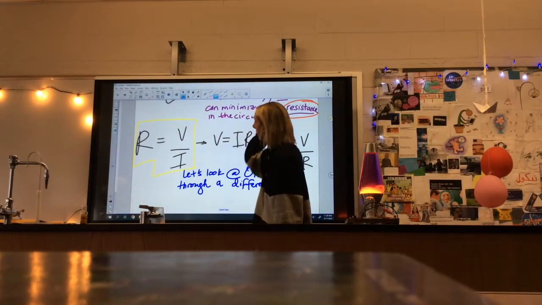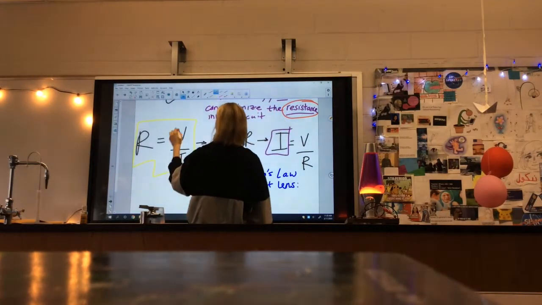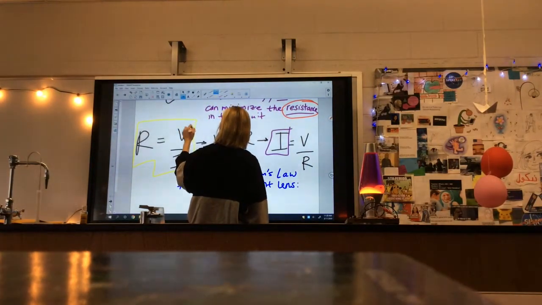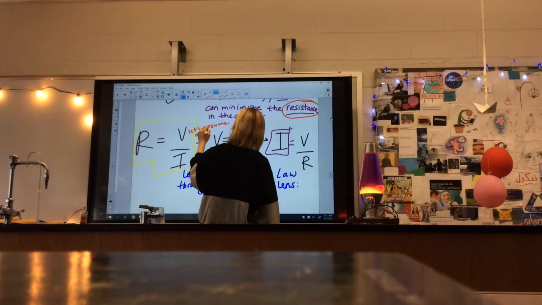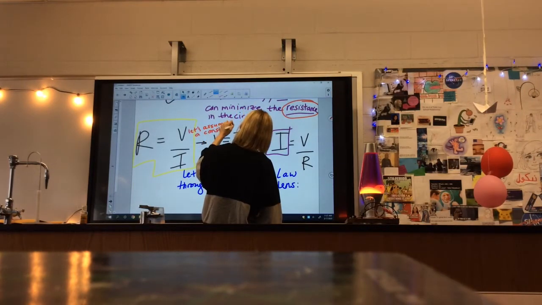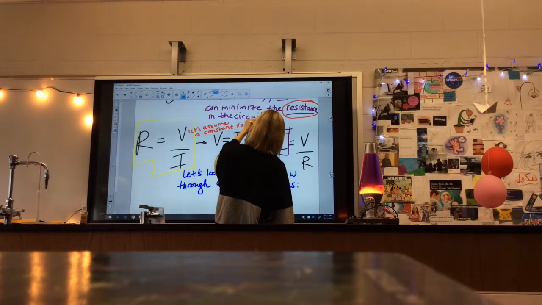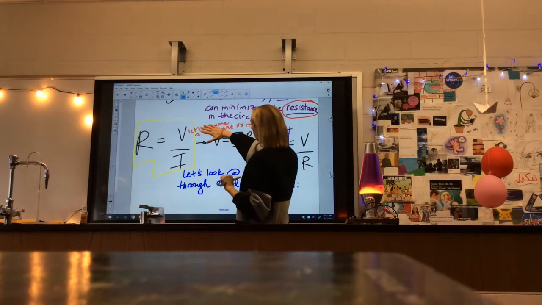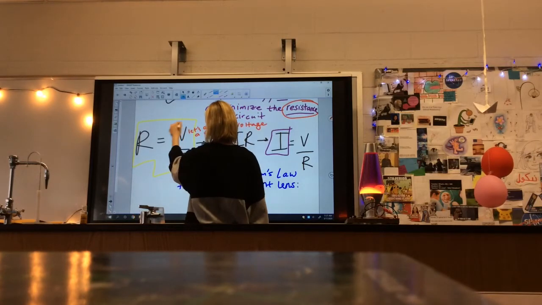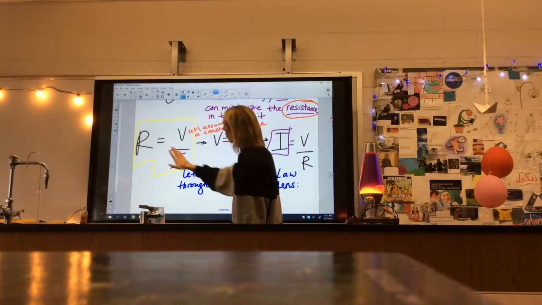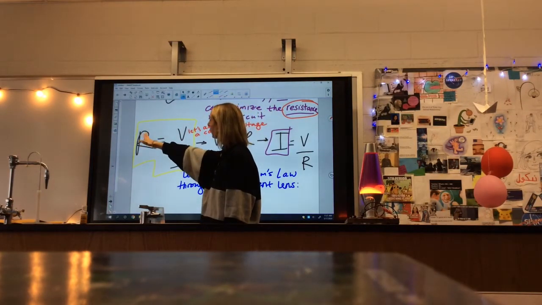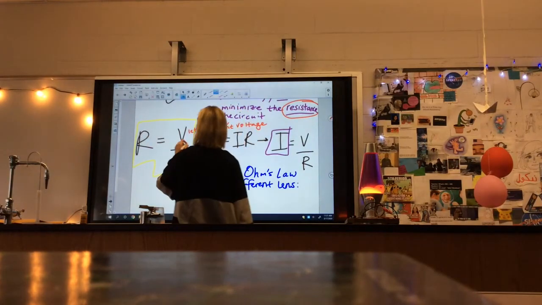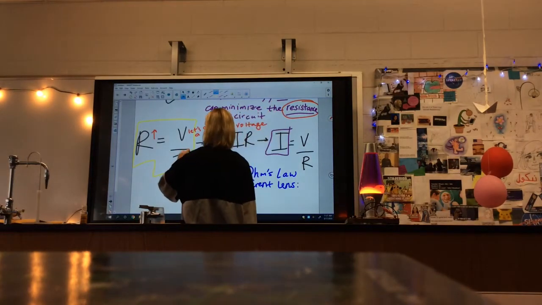R equals V over I. Let's assume a constant voltage, so this number isn't going to change. Then what would be the relationship between resistance and the current? Well, if I increase the resistance under a constant voltage, then what will happen to the current? It is going to decrease.